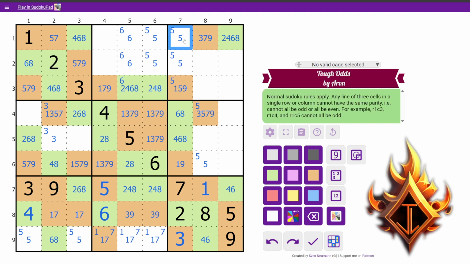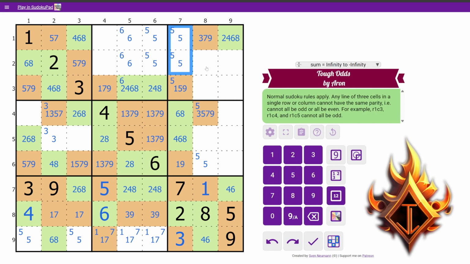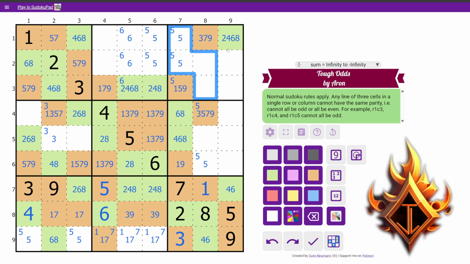However, I do know 1 even goes here. And I do know 1 even goes here. That's 3. And I think I already knew that this box had to have 2. But it doesn't tell me if it's here or here.